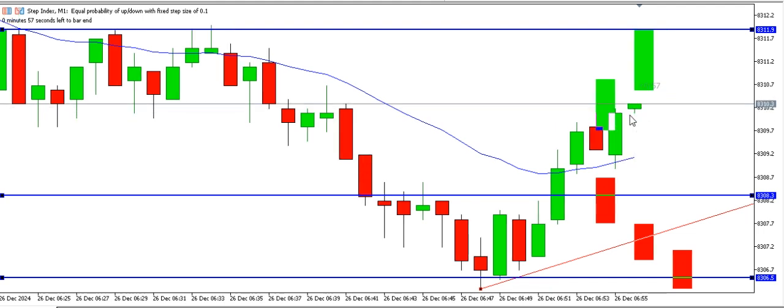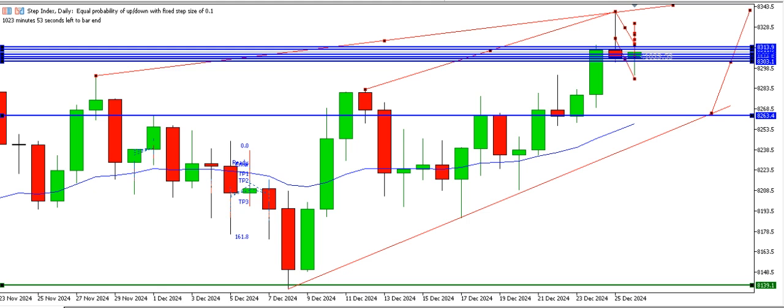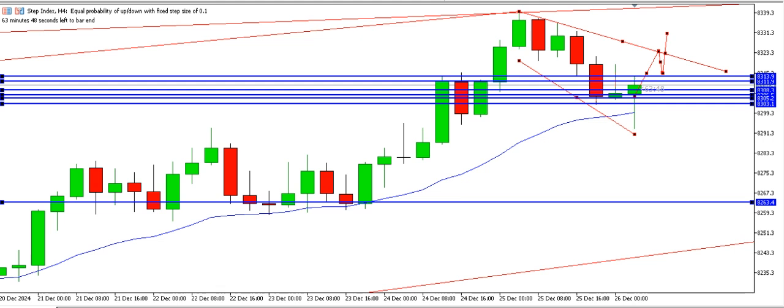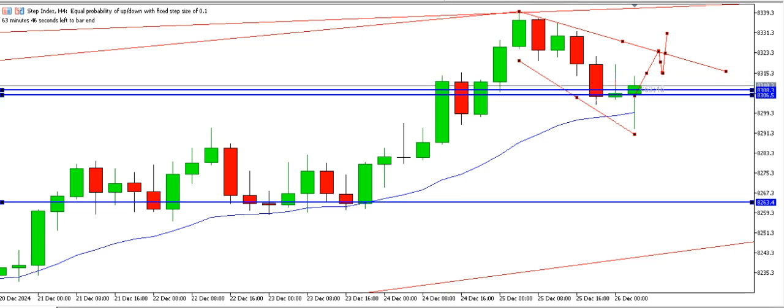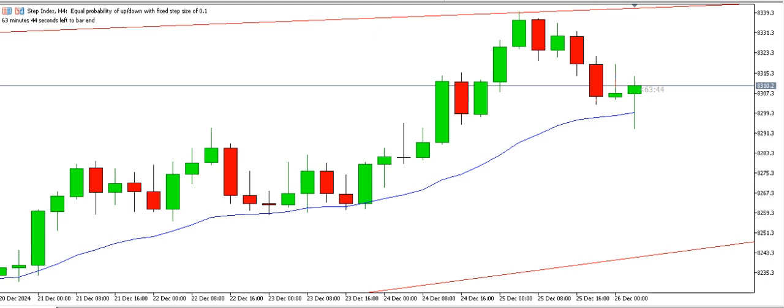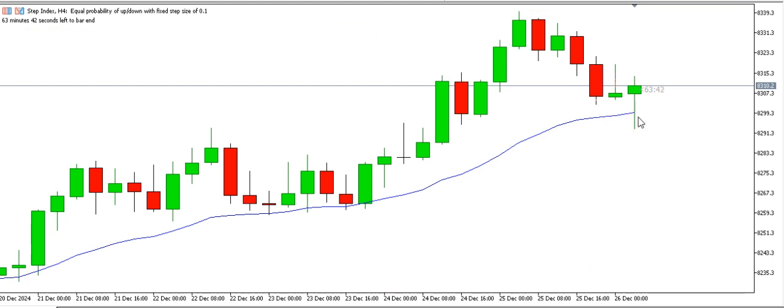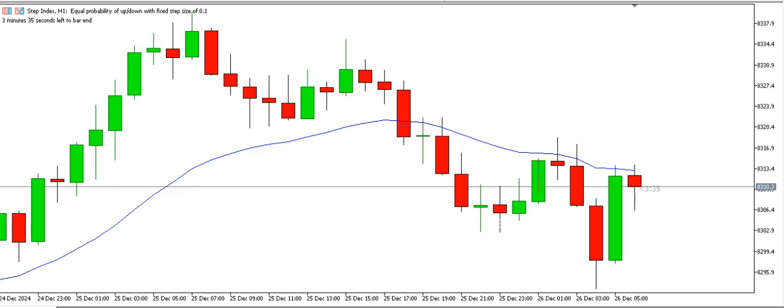Take a look at what has happened on the higher time frame. Possibly start with the daily time frame because it's bullish. Look at what has happened on the 4-hour time frame. That's also bullish because price is even forming in line with these other blocks, finding support, and it's also finding support above the 21 EMA.